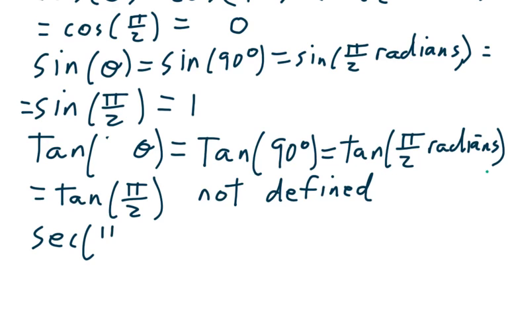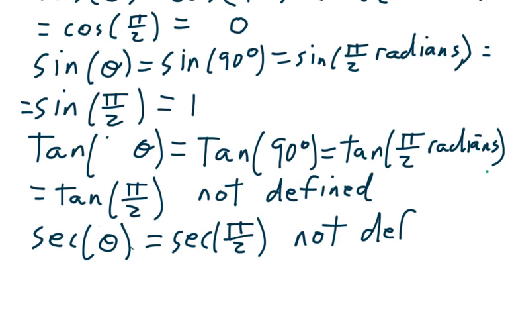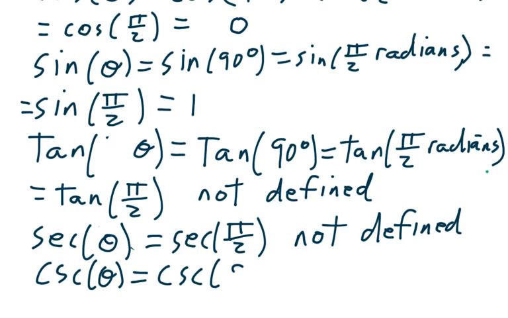Secant of theta, that's also not defined, okay? In other words, secant of theta, just like above, is secant of pi over 2. But again, that's 1 over x, okay? And x is 0, so this is also not defined. Okay? Cosecant is cosecant of pi over 2. And that is 1 over y, but y is 1, so we get 1.